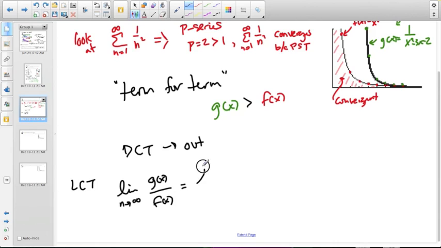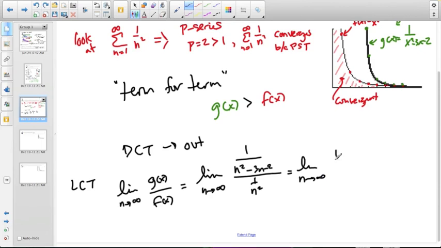So we're going to go ahead and take the limit as n goes to infinity of 1 over n squared minus 3n minus 2 divided by 1 over n squared. So that's the same as taking the limit as n goes to infinity of 1 over n squared minus 3n minus 2 times n squared over 1, right?